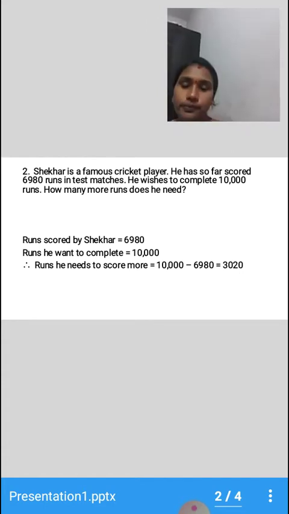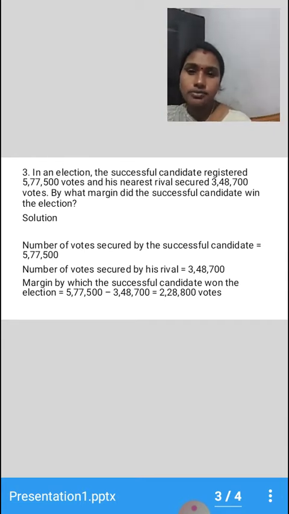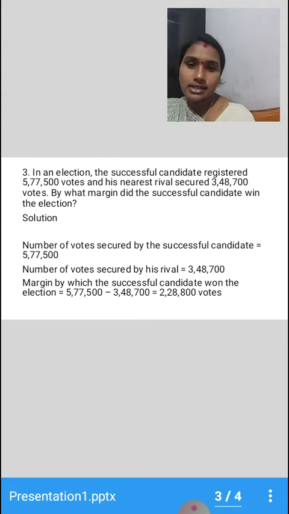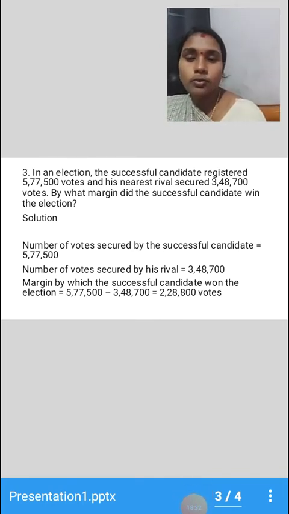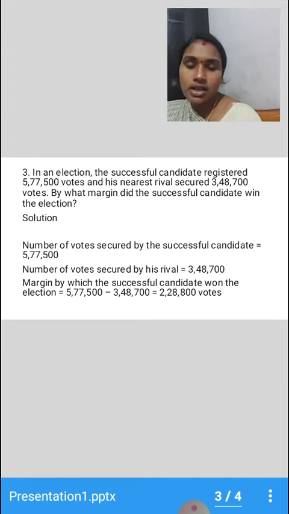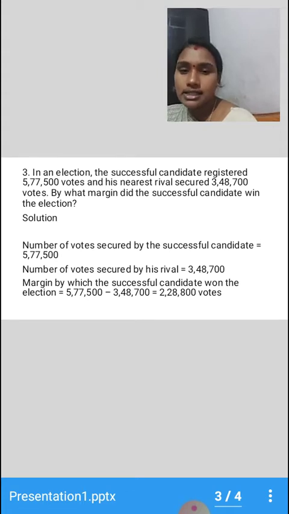So third sum. In an election, the successful candidate registered 5,77,500 votes and his nearest rival secured 3,48,700 votes. By what margin did the successful candidate win the election?